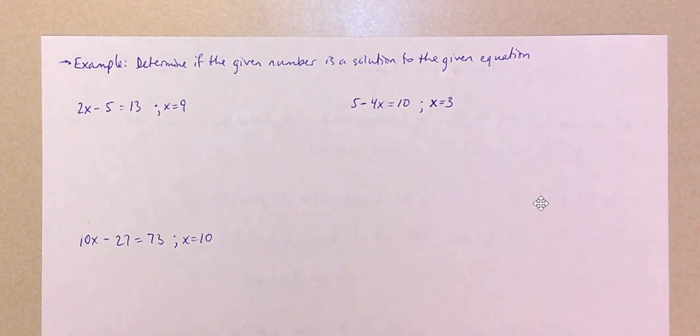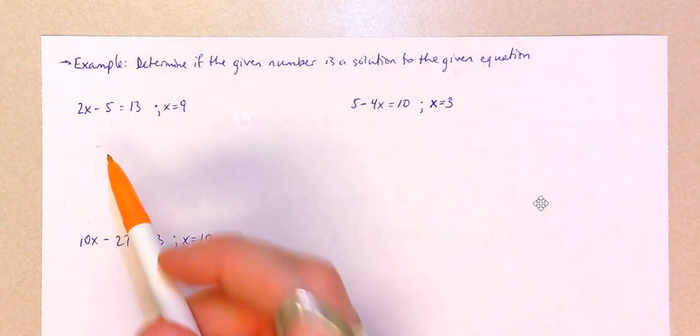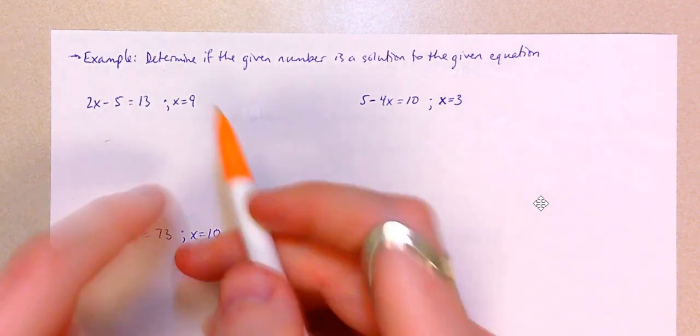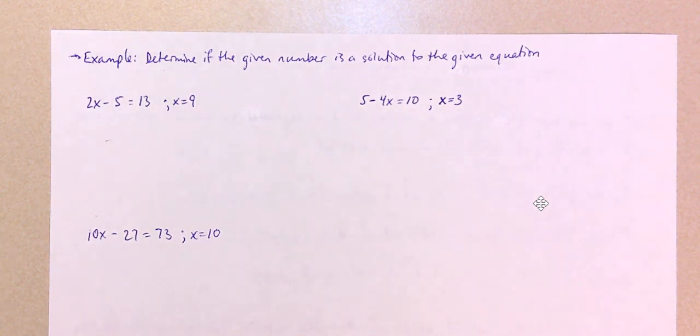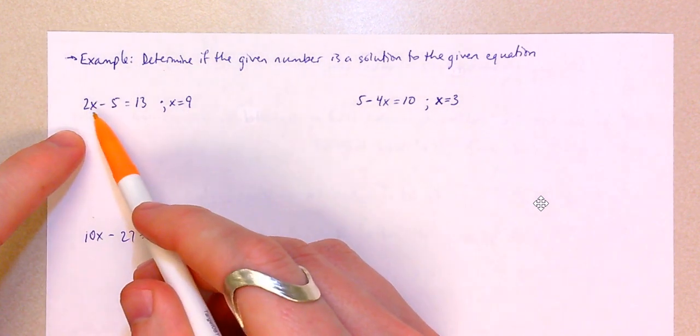So we're going to determine if the number that is given is a solution to the given equation. So here I have 2x minus 5 equals 13, and we're going to see if x equals 9 is indeed a solution. So I'm going to take the 9, plug it in for the x.